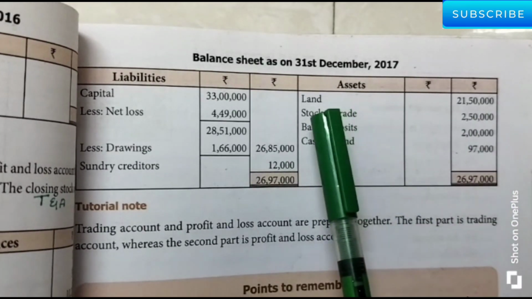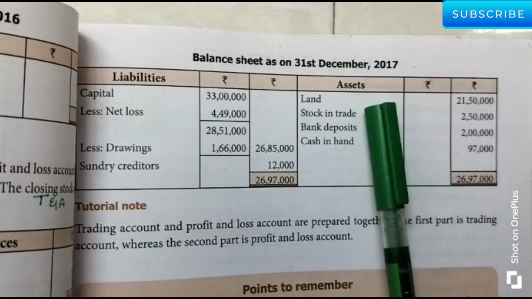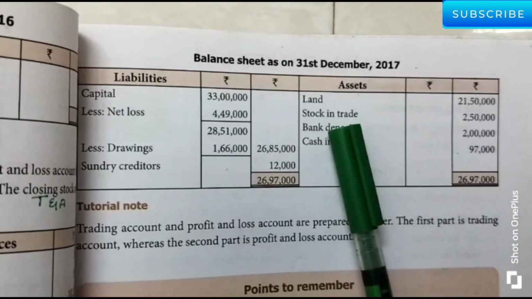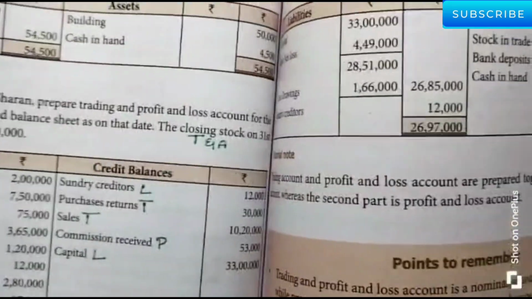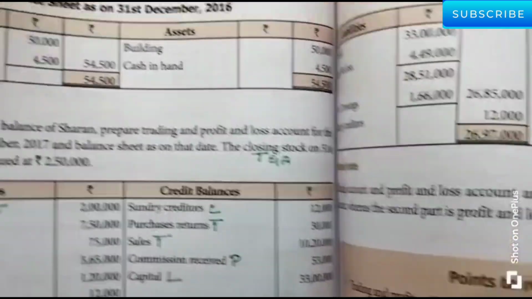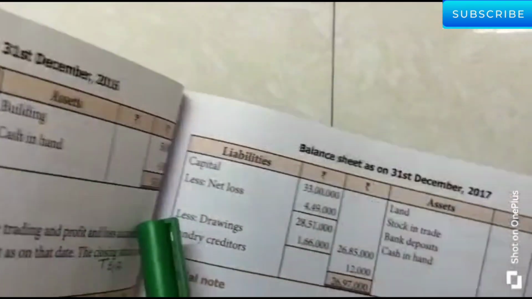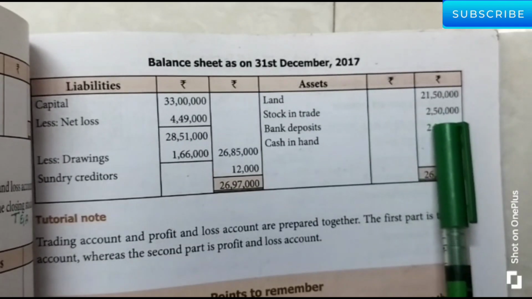And then after entering all the given items related to assets, finally you have to enter the closing stock. Remember it. Closing stock is rupees 2,50,000. So finally we entered closing stock 2,50,000 rupees.